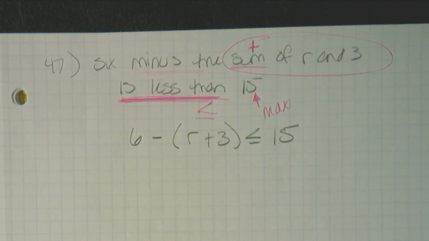Why did I put r plus 3 in parentheses? Isabella, why do I do that? Kind of. I mean, it looks like it's distributive property, doesn't it? All right, but you're on the right track. I like how you're thinking. Ashton?